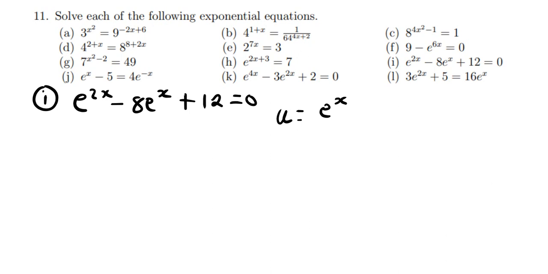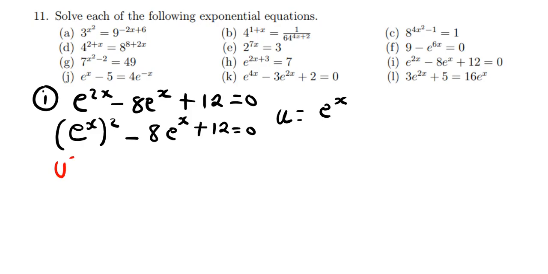I can write e^(2x) as (e^x) squared, with the 2 outside, minus 8 e to the power x + 12 is equal to 0. Then I replace u wherever there is e to the power x. Now I'm going to have u² − 8u + 12. This becomes a quadratic expression. So let's solve the quadratic.